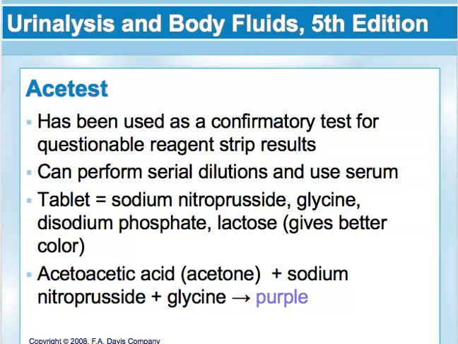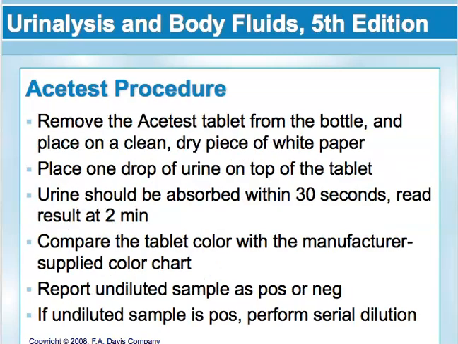This is a tablet test. The tablet contains sodium nitroprusside, glycine, disodium phosphate, and lactose, which the addition of the lactose gives a better color differentiation, but positive is still a purple reaction.